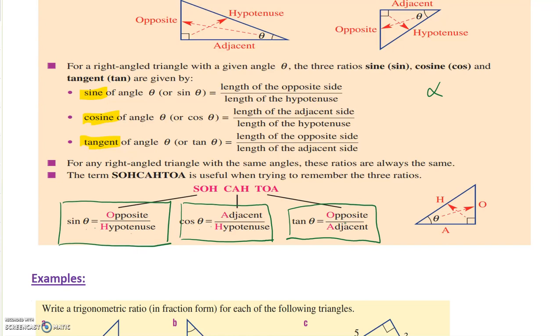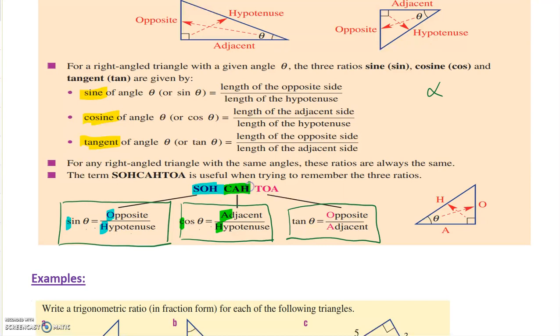If you take note, sin has a capital S, and that is equal to the opposite side divided by the hypotenuse. That is where SOH comes from. Cosine has a C, and that is equal to the adjacent divided by the hypotenuse.